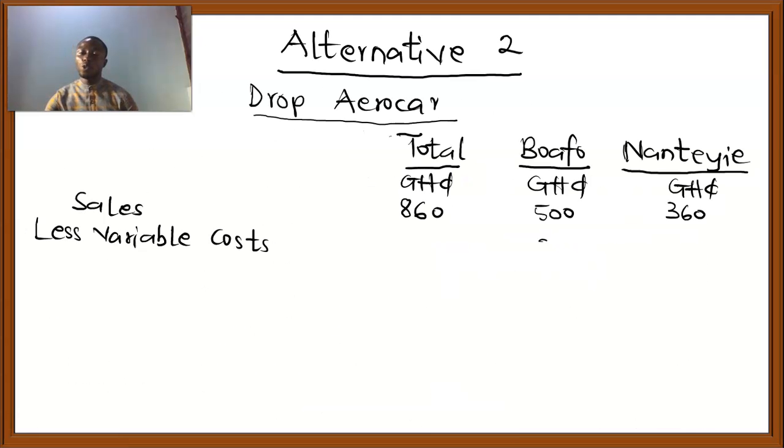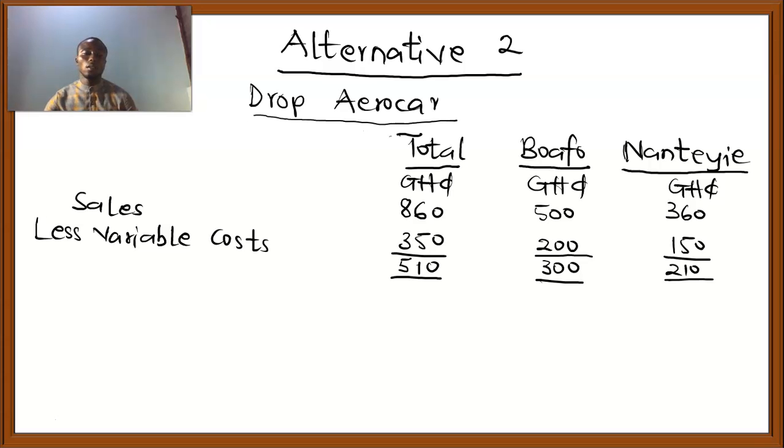That gives us a total of 350. So after lessing, we have a total contribution of 510. For Boafo we have 300, and for Nantier we have 210. This is the contribution.